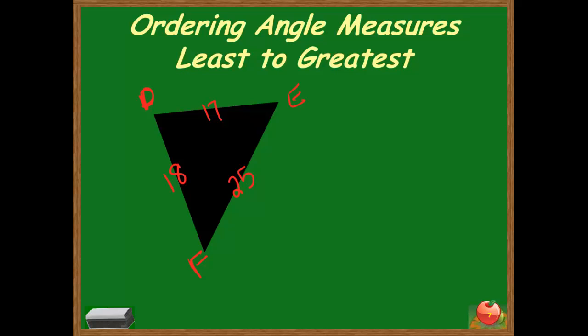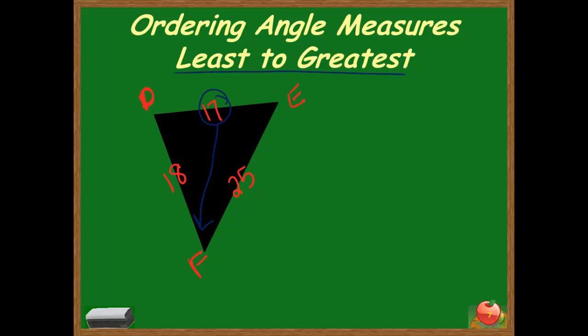One more here. This time we're going to put the angle measures in order from least to greatest. So we're going to look for the smallest angle first. But it looks like I don't have any angle measures and I only have side lengths. So if I only have side lengths, then I'm going to have to look across the triangle.